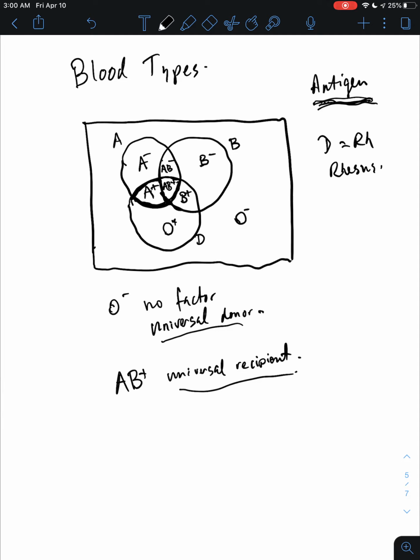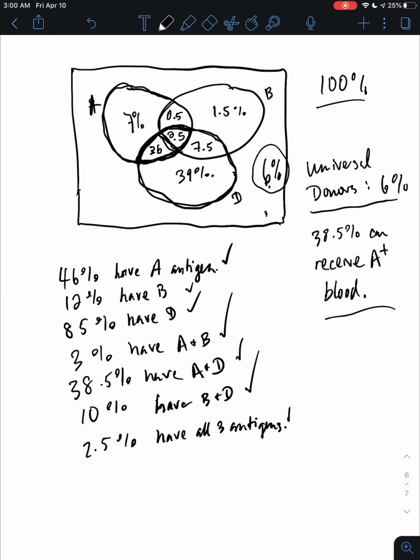So here is all the people who have the B antigen here. So those who don't have it are the O negative, O positive, A positive, and A negative. And we look at our chart here. That'd be 6% plus 39% plus 36% plus 7%.